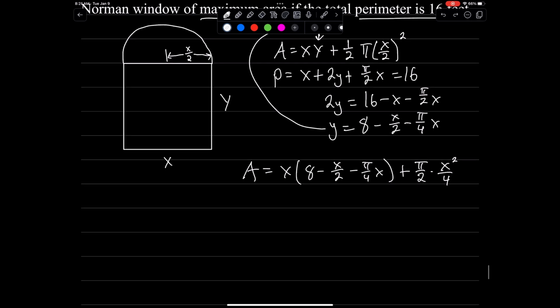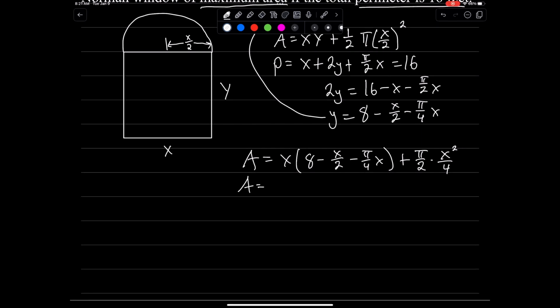So from here, let's simplify it down to make it a little bit easier to work with. 8x minus x squared over 2 minus pi over 4 x squared plus, we've got this 4 and this pi over 2. If we were to multiply them together, we get pi x squared over 8. Well, let's just call that pi over 8 x squared here.